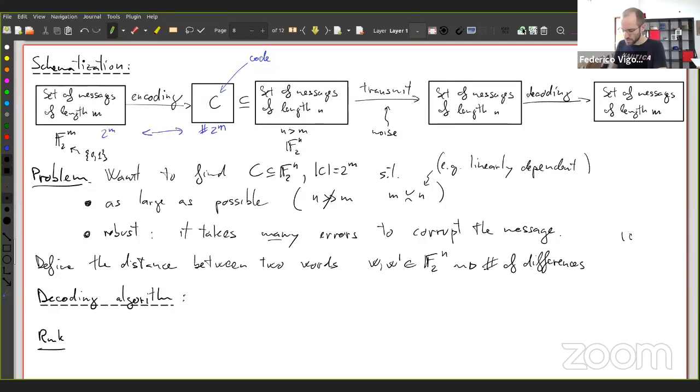So if we have the word 1011001 and then 1101000, they differ here and here and here and here and here. So there are 5 differences, so the distance is equal to 5. And this distance actually goes under the name of Hamming distance.